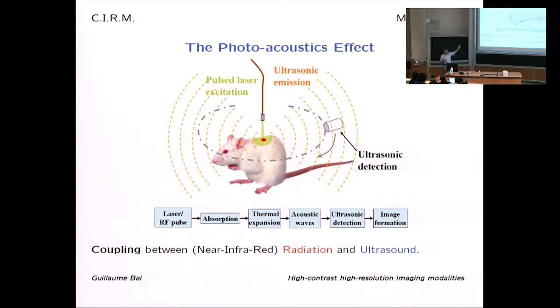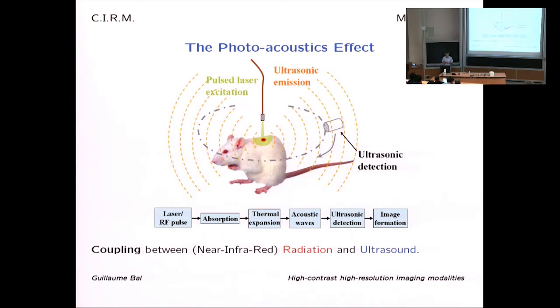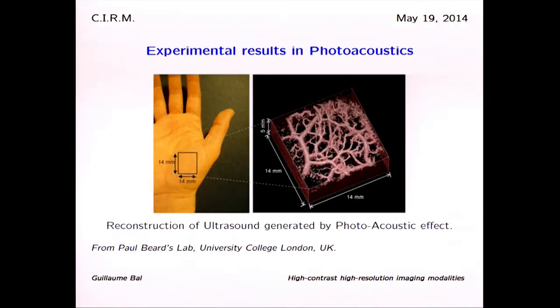So the photo part is the high contrast, low resolution modality, and the ultrasound, the acoustic part, provides the resolution. Okay, so I'll come back to this modality in more detail, but there's here a coupling between optics and ultrasound. And here's a typical picture that you can get. This is in Paul Beard's lab at UCL.